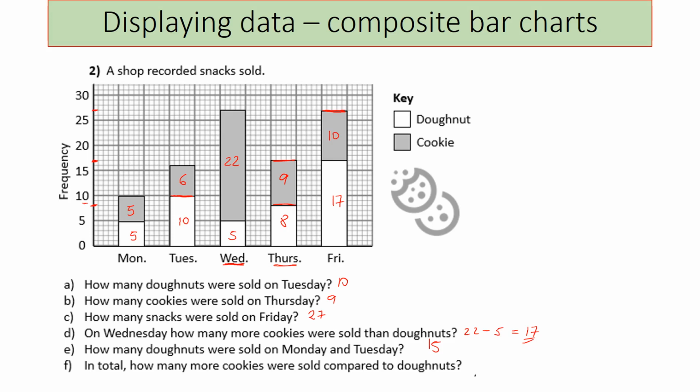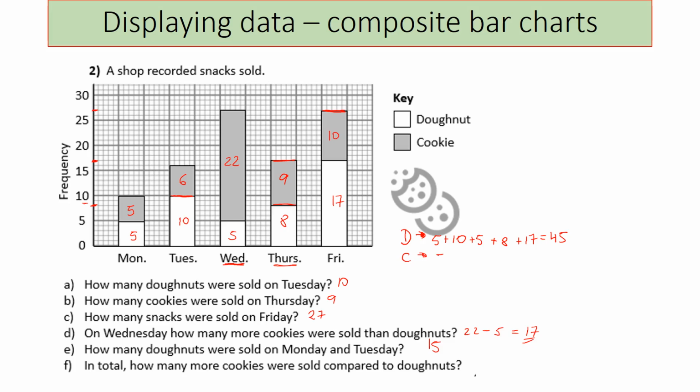So now all I need to do is add all the numbers. I'm going to work out the total for donuts. So that is 5 plus 10 plus 5 plus 8 plus 17, and that is 45. And then I need to work out the total for cookies.